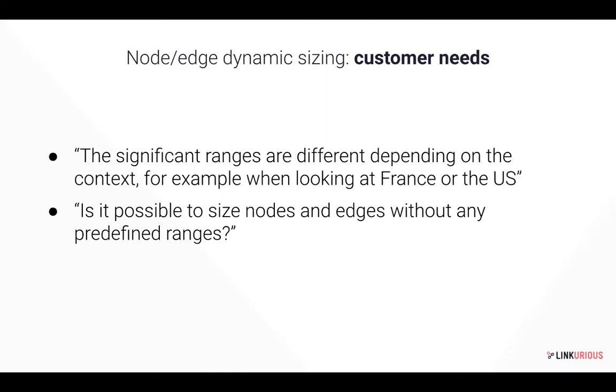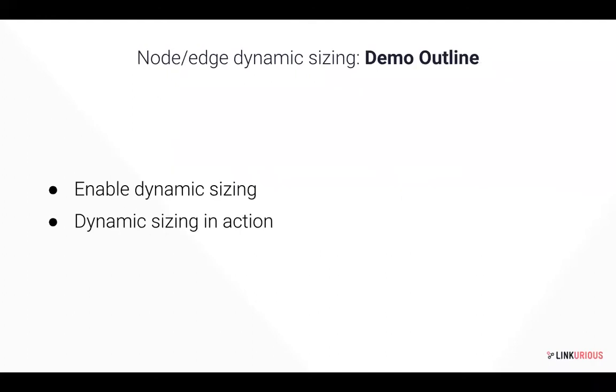So you cannot really do that with predefined ranges. So the question was, is it possible to size nodes and edges without going through this definition of ranges? And that's what we brought with node edge dynamic sizing. In the demo, I'm going to show you how to enable dynamic sizing, and I'm going to show dynamic sizing in action.